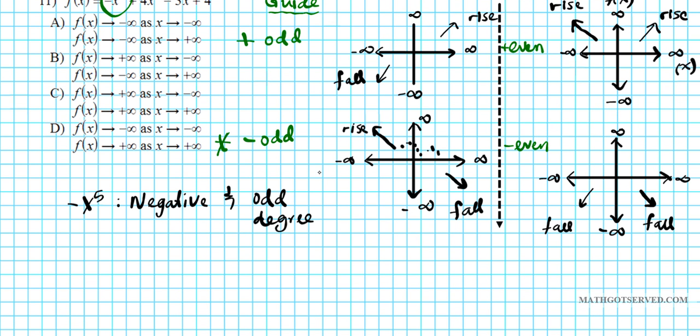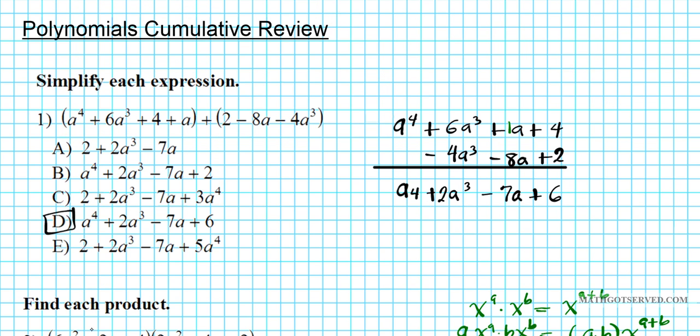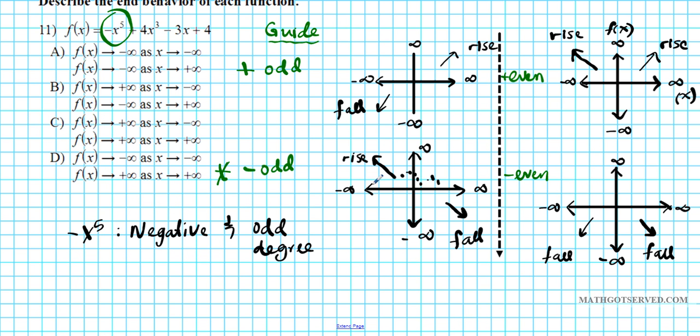Well, rising is infinity. So the function, think about f of x as y. So y goes up and down. All right? So when you're rising, guess what? F of x is going up to where? When you're rising, it's going up to infinity.